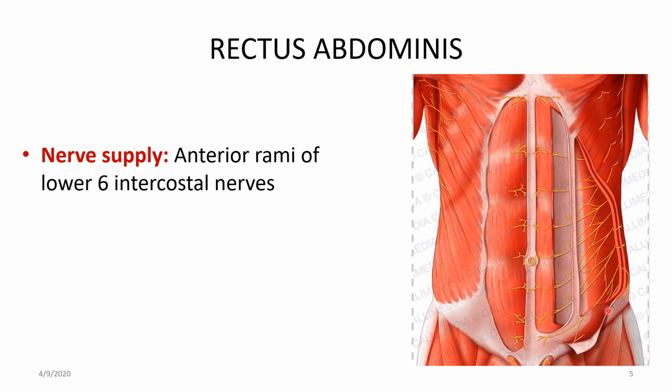So these are the anterior rami of the lower 6 intercostal nerves that are supplying the rectus abdominis muscle. So the rectus abdominis muscle is supplied by the anterior rami of lower 6 intercostal nerves.